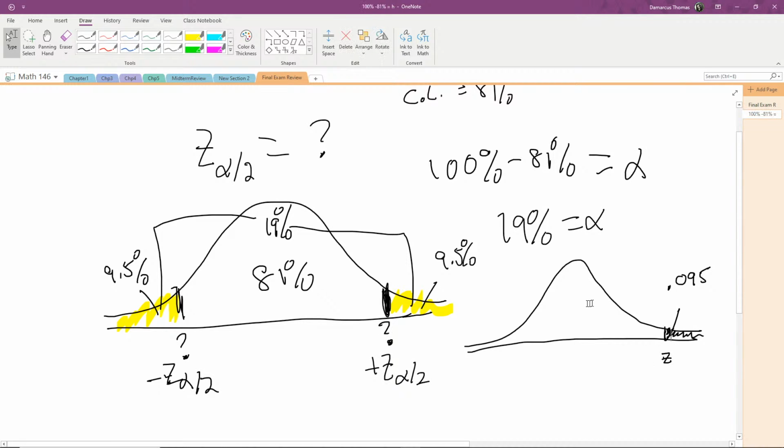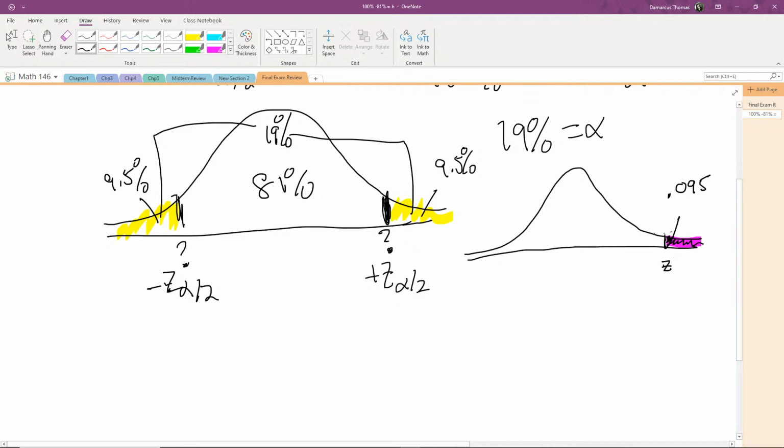I need to find the z-score that corresponds to the top 0.095. Now, problem. Inverse norm doesn't give us the z-score when we know the area to the right. We have to know the area to the left in order to do this problem.